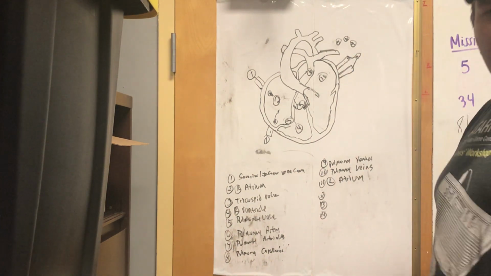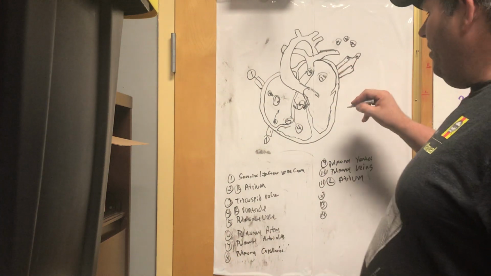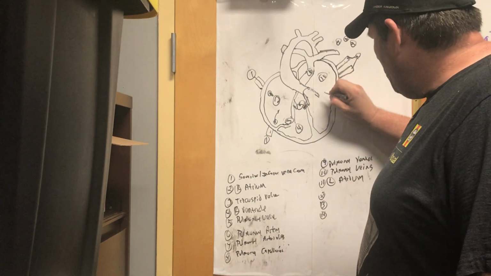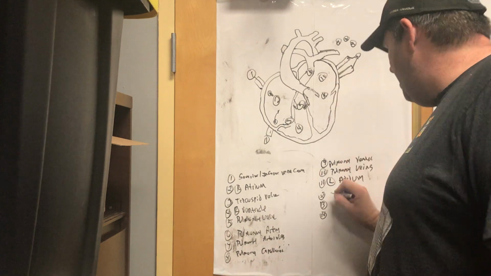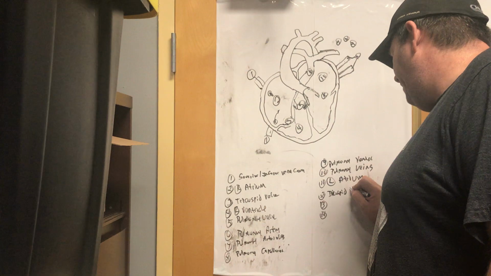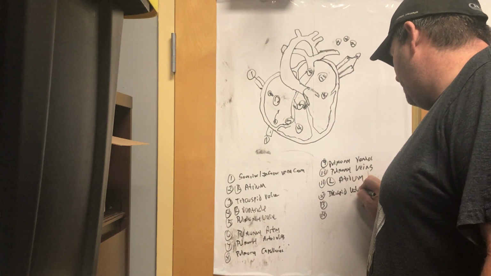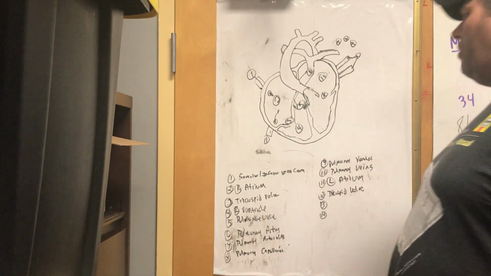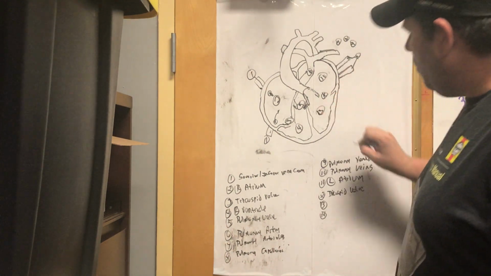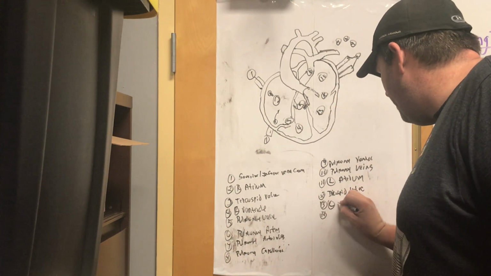So we're in the left atrium right now. From the left atrium, we're going to travel here into that next valve we were talking about earlier, which is number 12, the bicuspid or mitral valve. I'm just going to label it bicuspid. So we're going through the bicuspid into step number 13, which is the left ventricle.